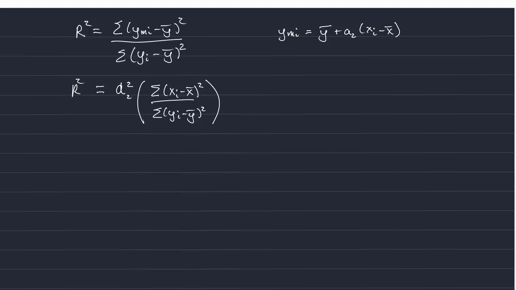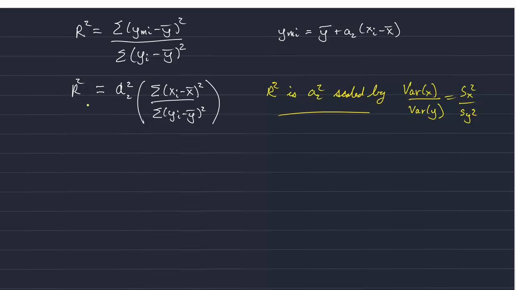So it turns out that r squared is the square of the slope scaled by the variance of x over the variance of y. So there's a relationship between r squared and the square of the slope.